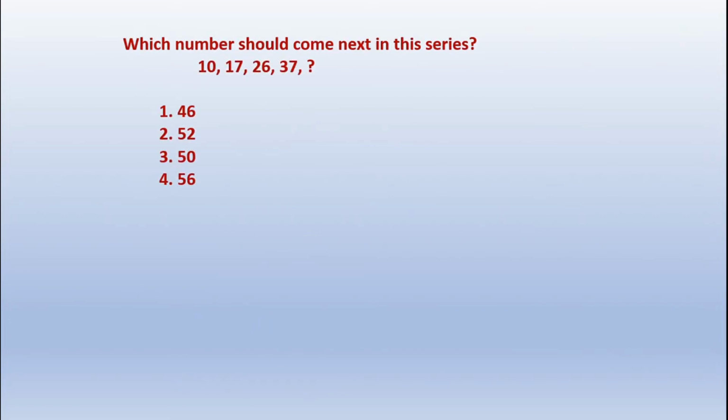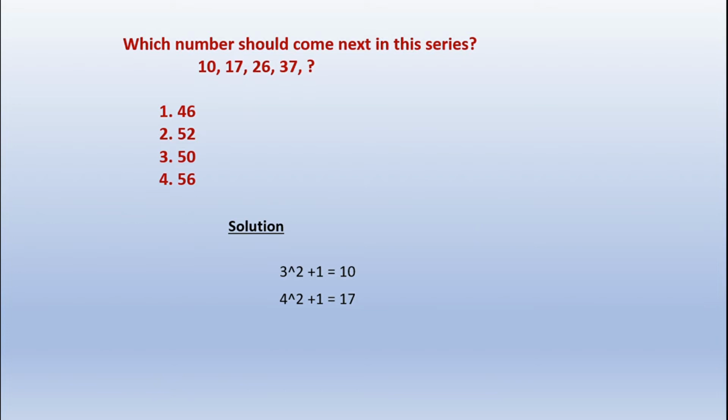Which number should come next in this series? The series is 10, 17, 26 and 37. Let's look at how to solve this. Here 3 to the power 2 plus 1 equal to 10. Then 4 to the power 2 plus 1 equal to 17.